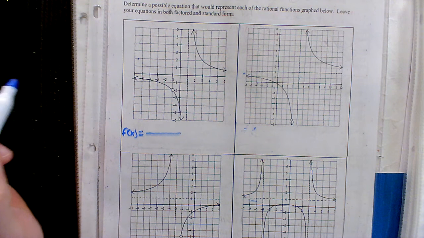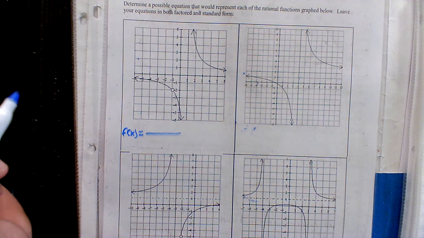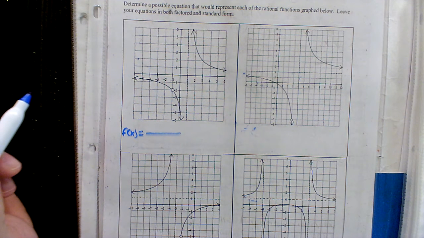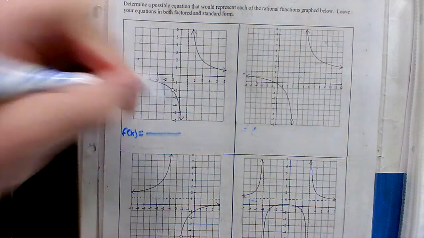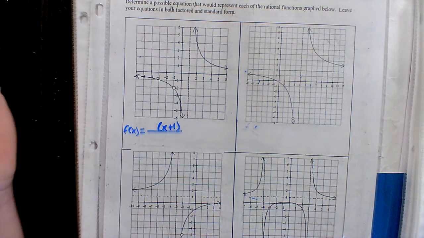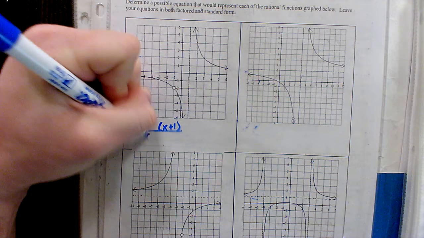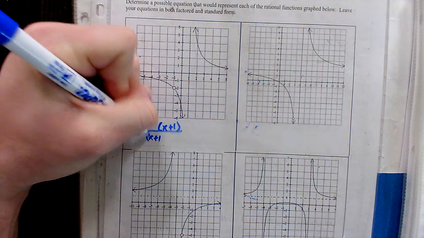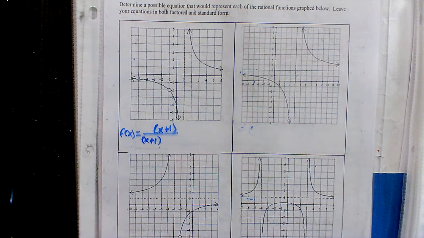Do we have any holes? And what would be our factor for the hole? Okay, we're going to have an x plus 1 on the top. Since it's a hole, we know that's also going to go on the bottom. X plus 1.